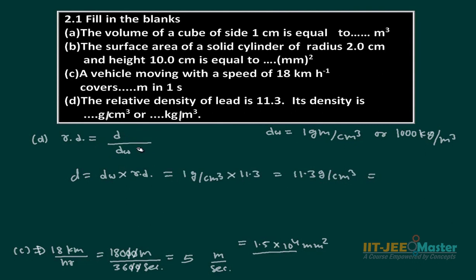It is clear here that relative density has no dimension. It is a dimensionless constant. And also you can write this in terms of 10 to the power 3 kilogram per meter cube, because if we choose density of water as kilogram per meter cube, it will be 10 to the power 3 kg per meter cube into 11.3. Then this will be the answer.